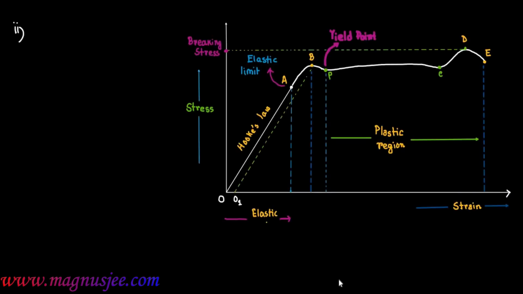Number 2. Now we can denote the permanent strain region.